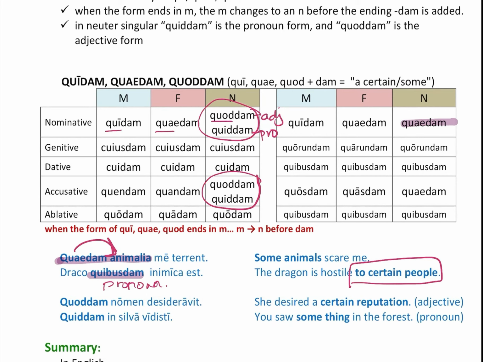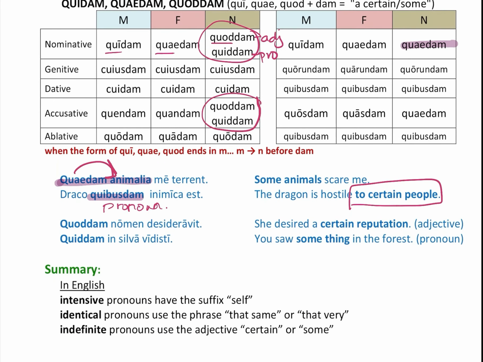All right. Quoddam nōmen dēsīderāvit. She desired a certain reputation. So here I'm going to show you in the neuter how the forms change, because they don't always change. Here it's in the dative, here it's in the nominative, and these are both in the accusative, but they're both neuter. So quoddam, this is the first one. Remember I said quoddam is an adjective.